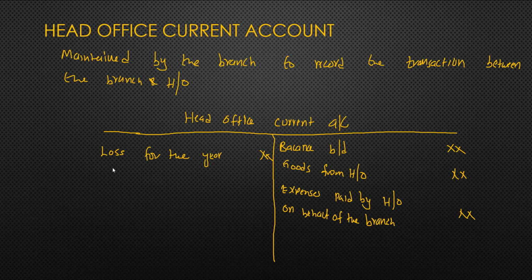We record it there. We have purchases of property, plant and equipment on behalf of the branch by the head office. We record it there. And that's it. We have our head office current account.